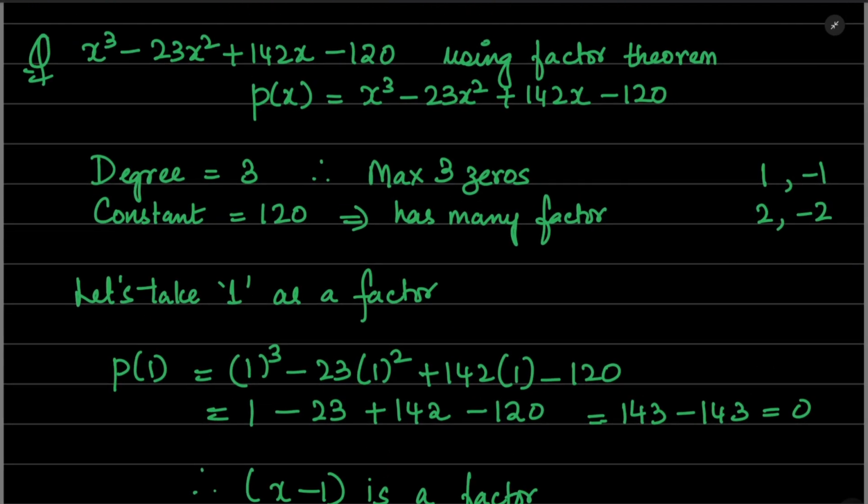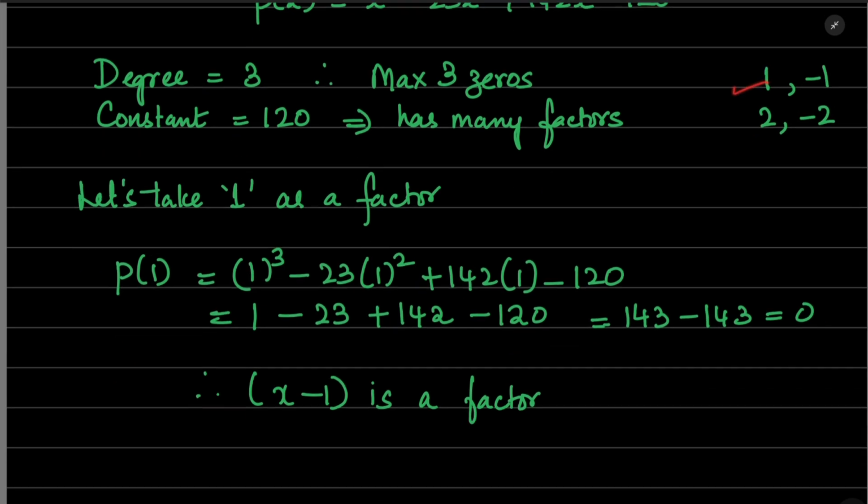So this is the first thing to do. Whenever you have a bigger number, first of all find the degree of the polynomial, and you will know that maximum that many zeros are there, and then take the constant term. This is 120. It will have many factors, so first you have to do the hit and trial method. Check for these 4 alone. Definitely for most of the questions, any one of them will be a factor.